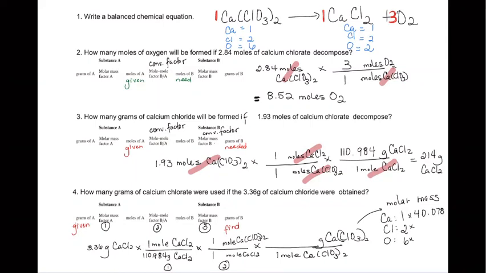Chlorine is 35.453. And oxygen is 15.9994. We're going to do the multiplication, and then from there, we're going to add them. So let me do it on my end. Try it at home. 40.078 plus 2 times 35.453.